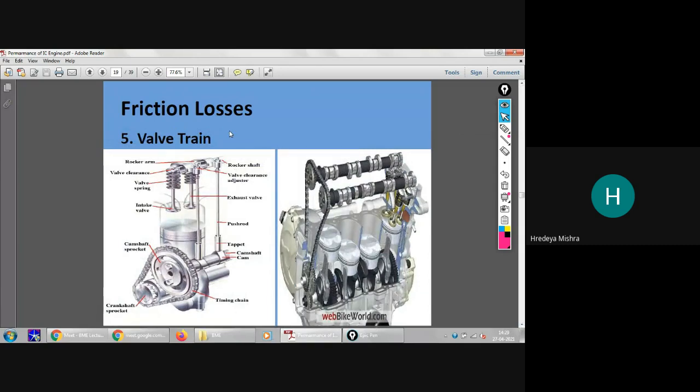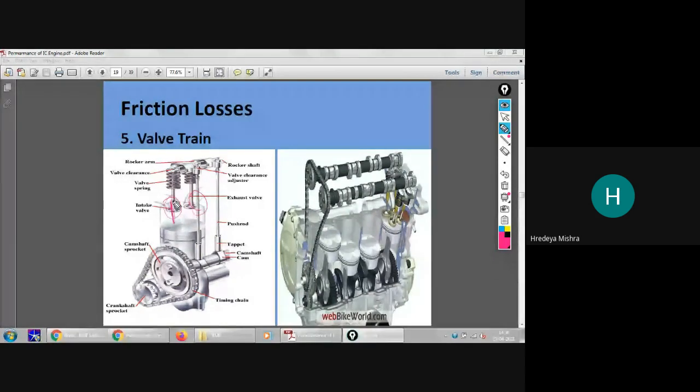Now, valve. See in the proper way, this is the intake valve, this is the exhaust valve. In the intake valve and exhaust valve, motion is there.